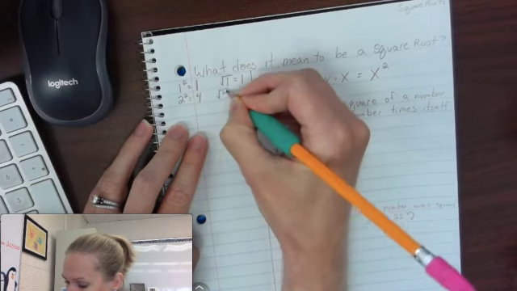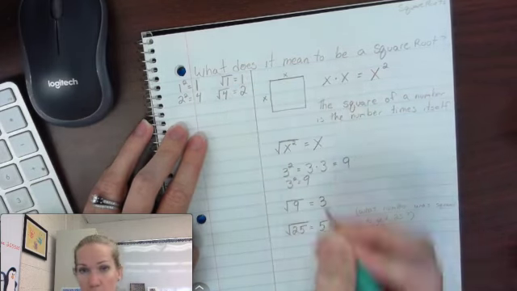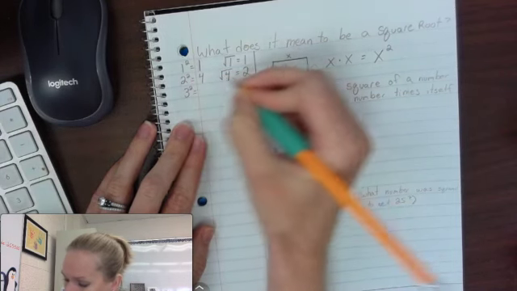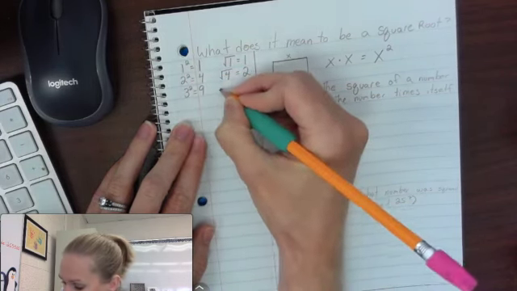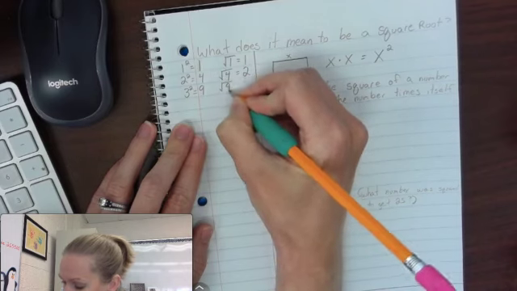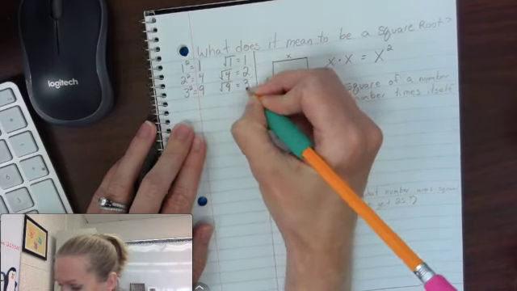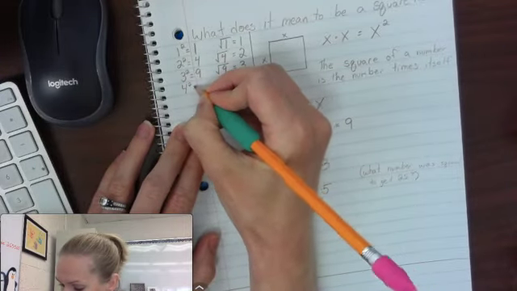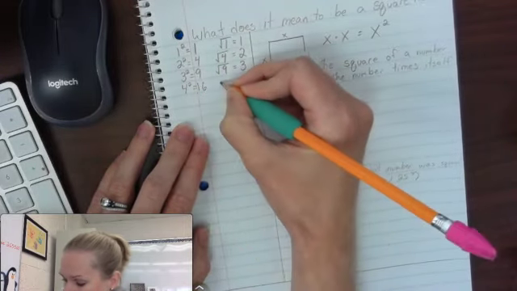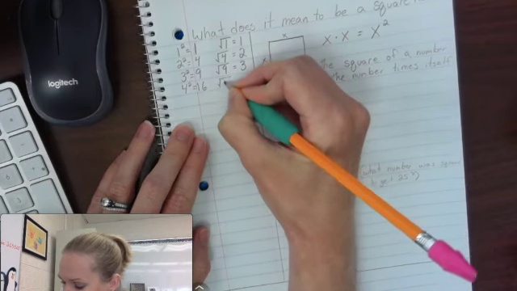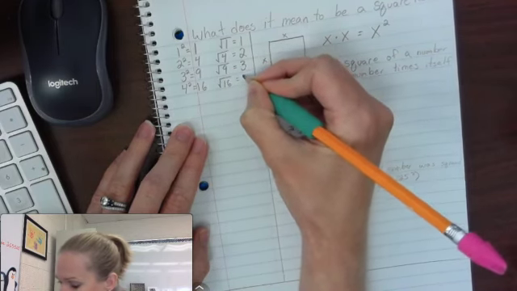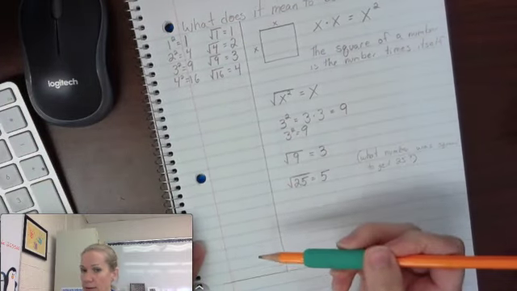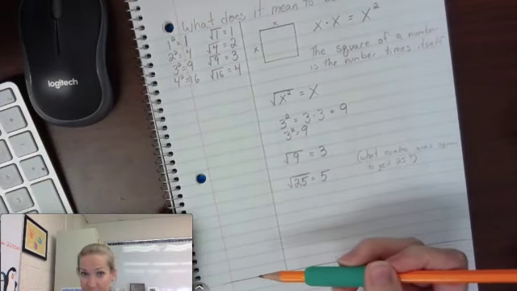The square root of 4 equals 2. 3 squared equals 9. The square root of 9 equals 3. 4 squared is 16. The square root of 16 equals 4. You need to continue this pattern all the way down to 17.